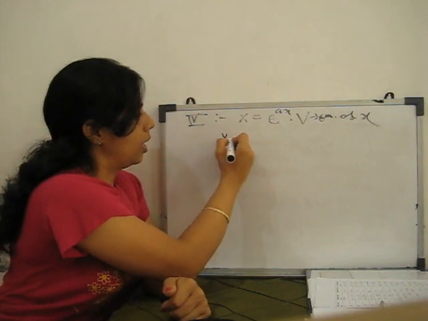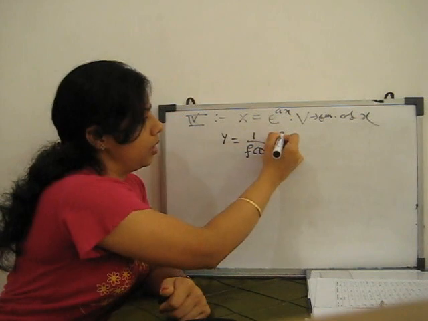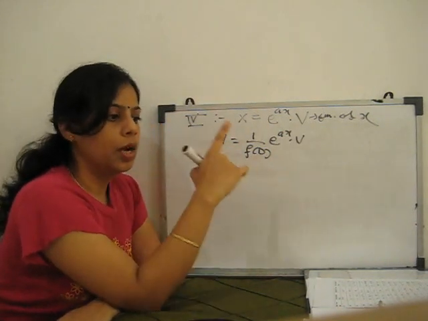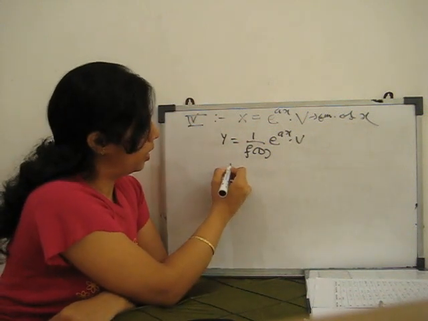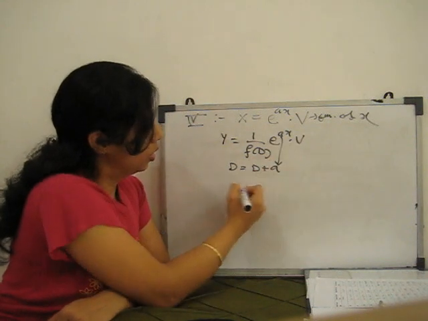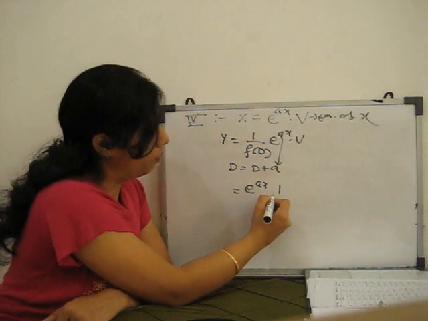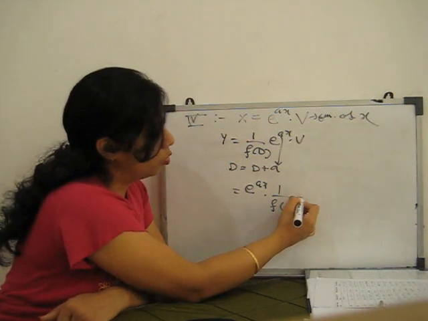First we write y is equal to 1 upon f(D) e to the power ax into V. Next replace D with D plus a. So our new function becomes e to the power ax outside, 1 upon f of D plus a into V.